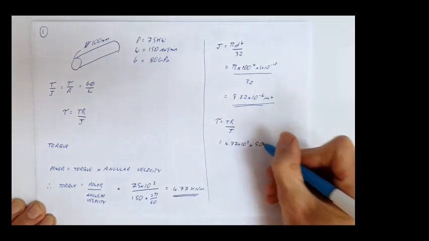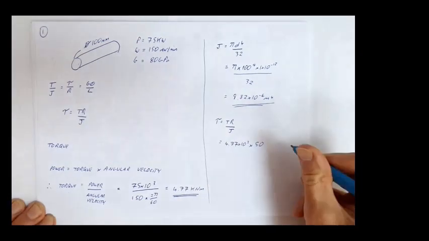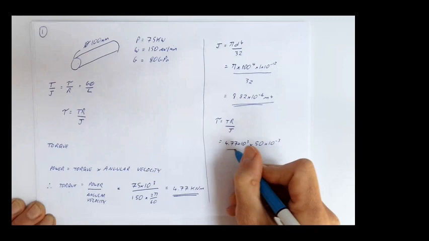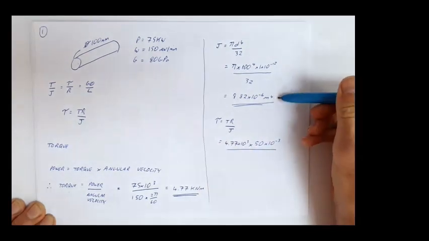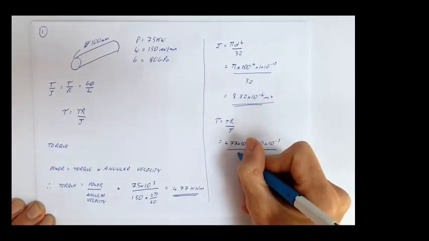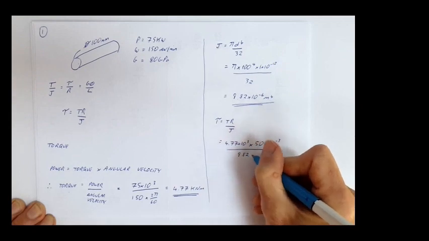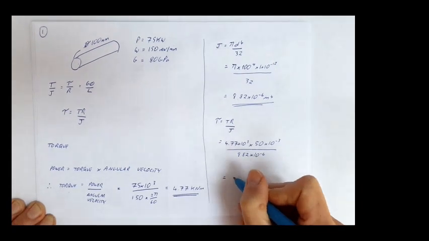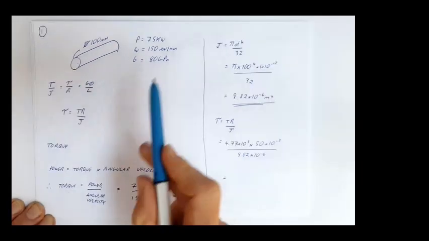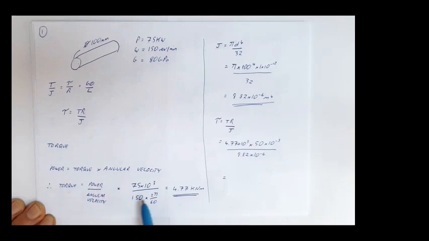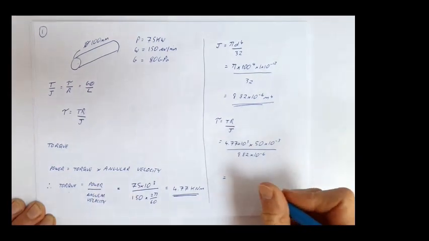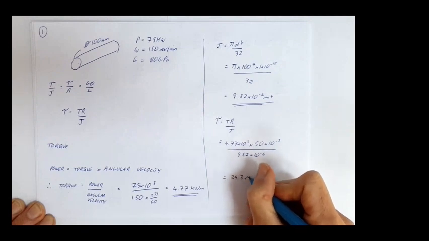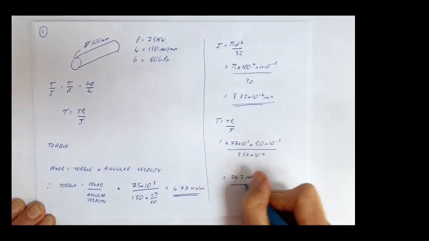We're going to assume that's 50 millimeters, so 50 times 10 to the minus 3, divided by my J value, which we just calculated, 9.82 times 10 to the minus 6, which means the shear stress on the outside of this shaft transmitting that power at that speed is going to be 24.3 megapascals.